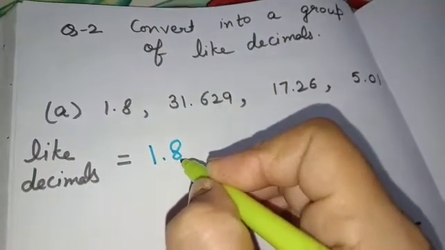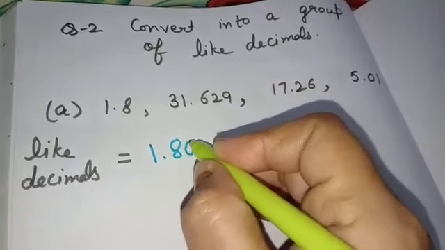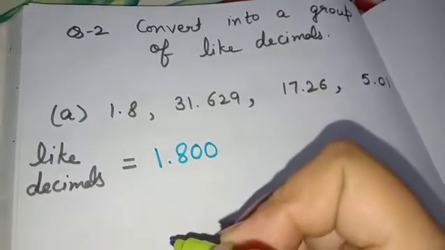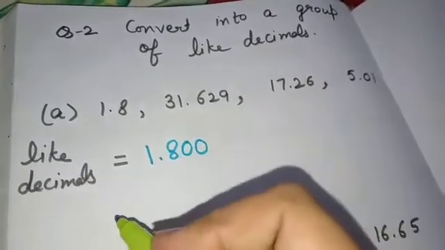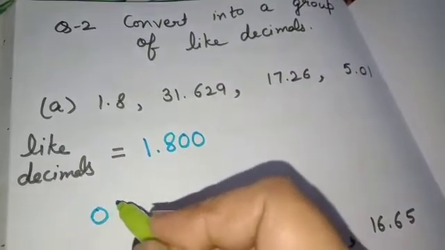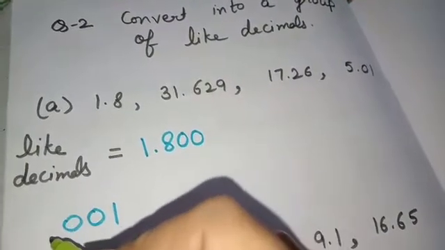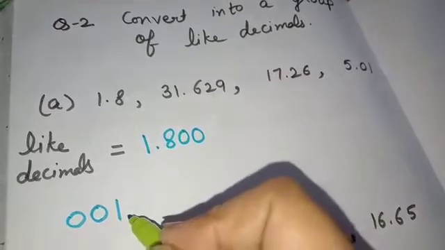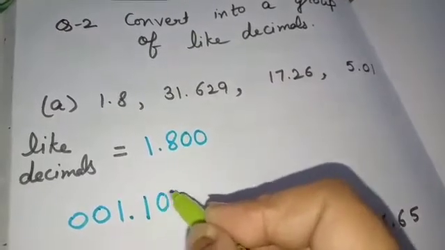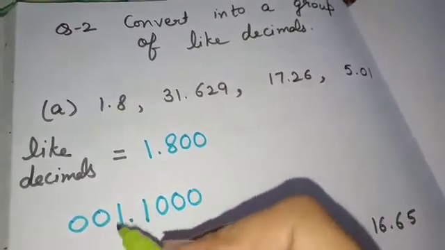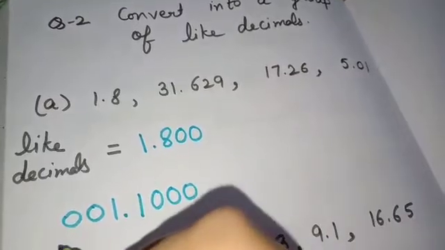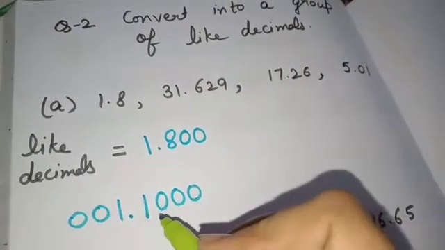In order to make it 3 digits, add 2 zeros at the end. Beta, as in whole numbers we can write 0 to the left, in the same way after the decimal we can add many zeros to the right. Its value will not change.